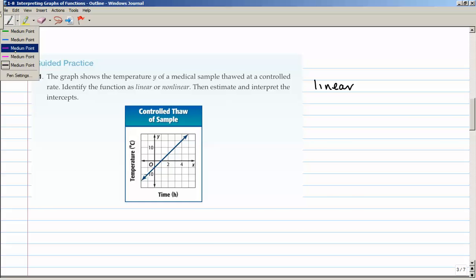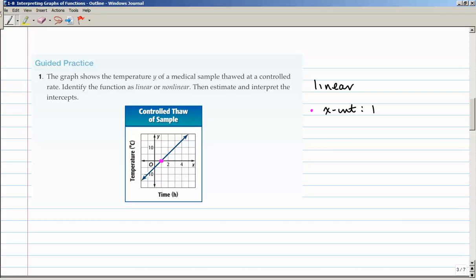Let's start with the x-intercept, and that would be this point right here where it crosses the x-axis. My x-intercept is going to be whatever the x-coordinate is right there. And notice the markings on the x-axis, so my x-intercept would be 1.